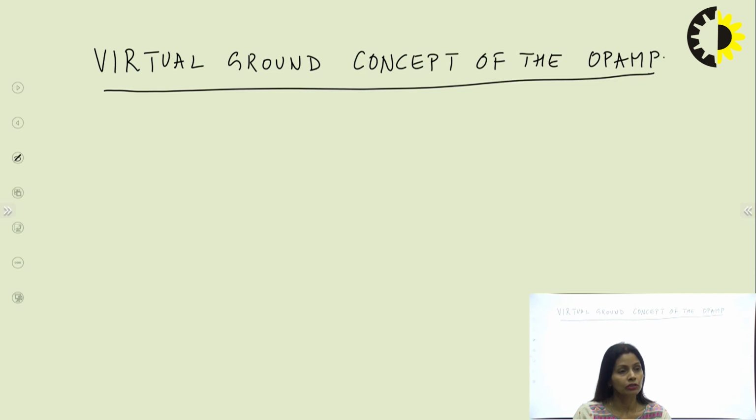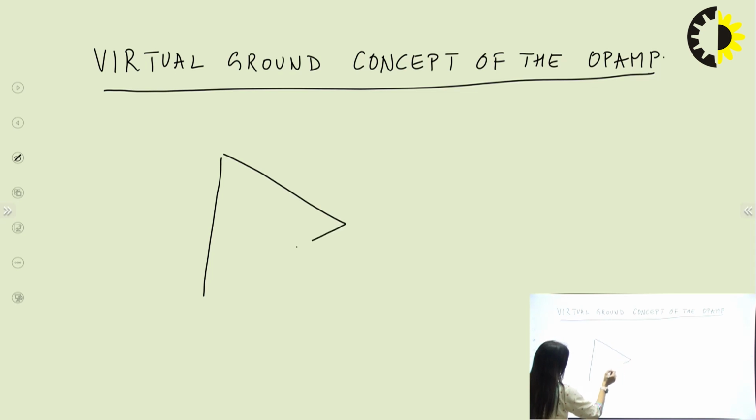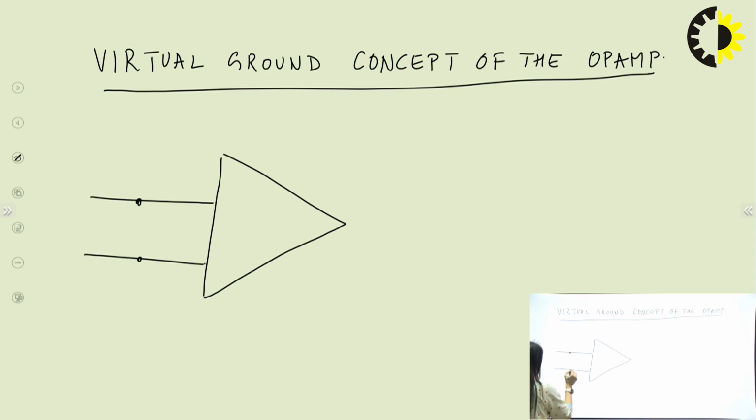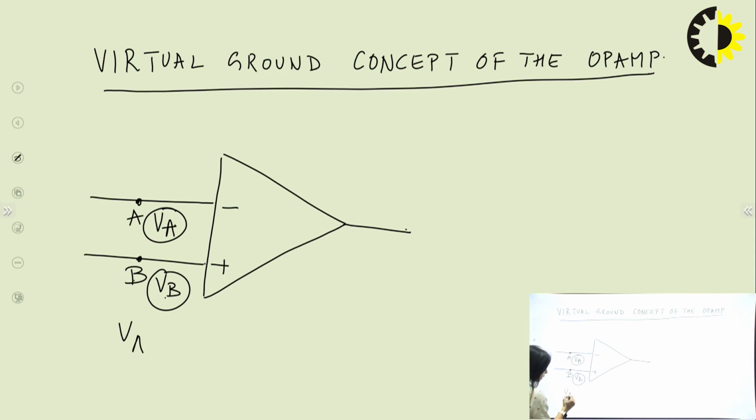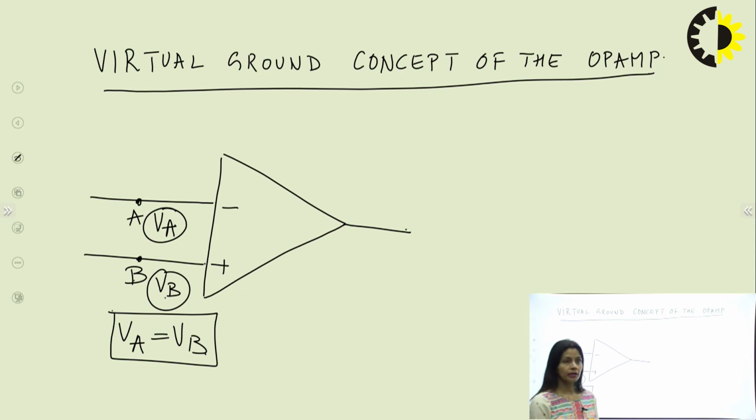We will apply the virtual ground concept for an ideal OPAMP, and it states that the voltage of this point A is always equal to the voltage of this point B. VA is equal to VB, at each and every condition for any ideal OPAMP.